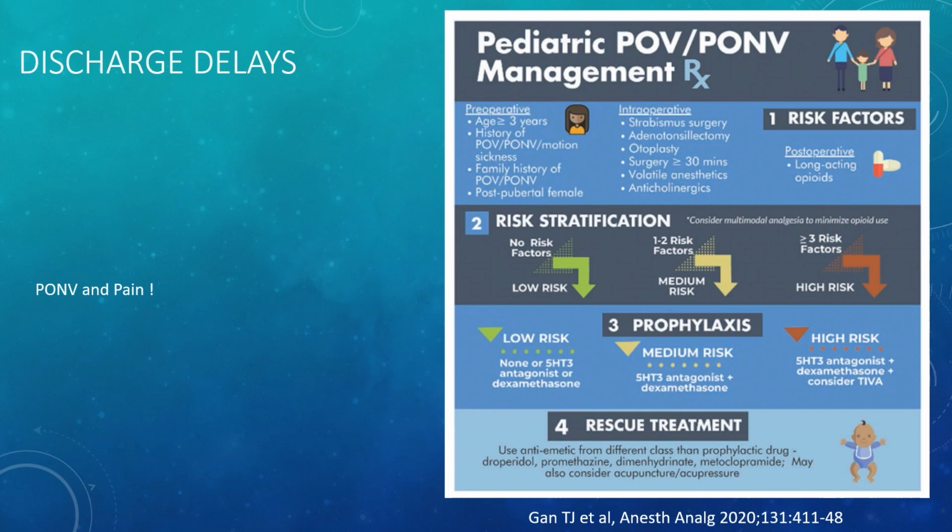As with adult patients, it starts with risk identification. The risk factors are listed here on the slide. Based on this risk stratification, you know if it's low, medium, or high risk, and that determines the depth of your prophylaxis. If someone fails prophylaxis or prophylaxis was not administered, you then go on to rescue therapy and treat.